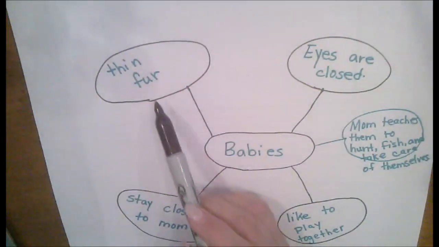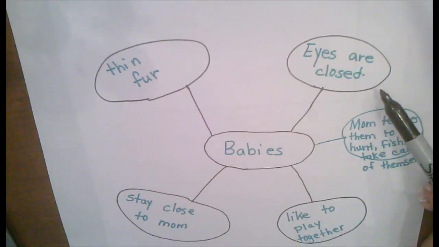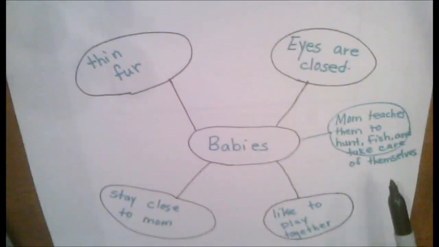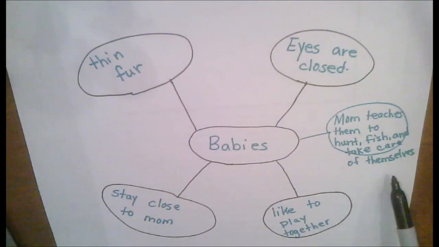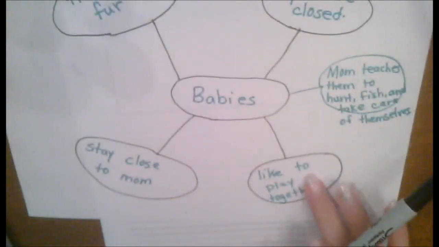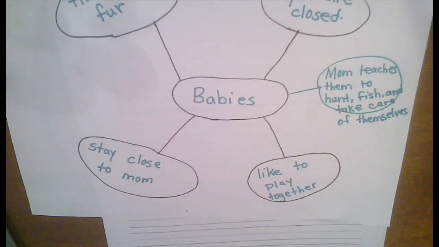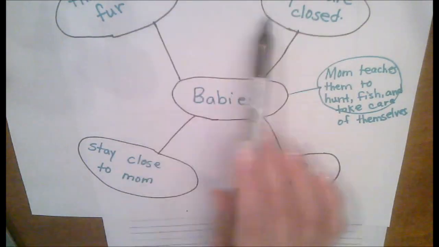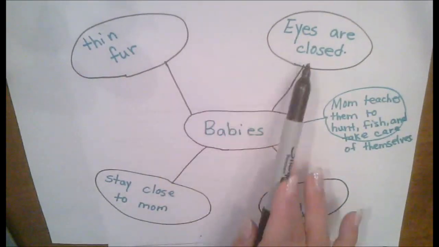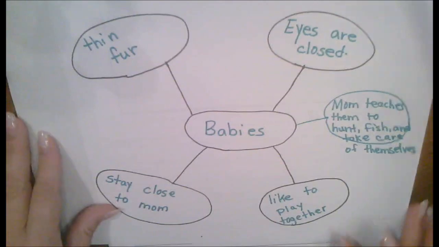Thin fur. Eyes are closed. Mom teaches them to hunt fish and take care of themselves. Like to play together. Stay close to the mom. Now, I am going to combine those two, I think, and write 1 sentence about brown bears. About their thin fur and their eyes are closed, okay?